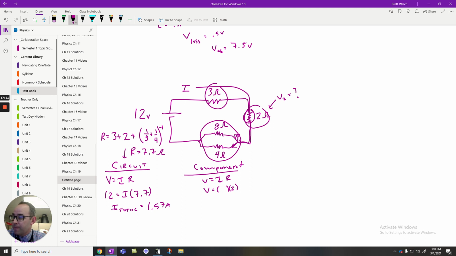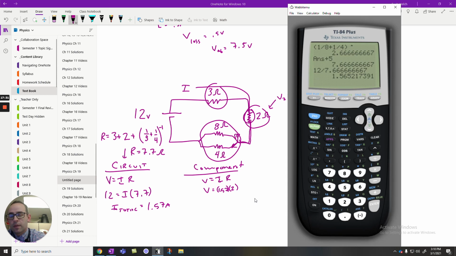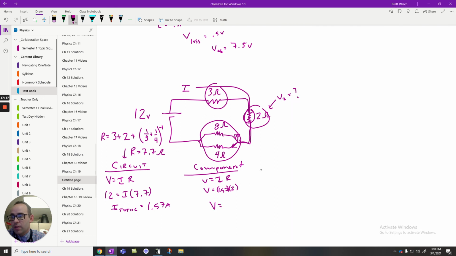It's going to split. But because the 2 ohm resistor is a series resistor, I can put all of the 1.57 there. And if I times by 2, I get 3.1 is what we'll go with. So the voltage loss at the 2 ohm resistor is 3.1 volts.